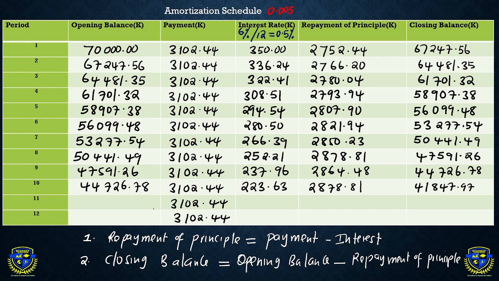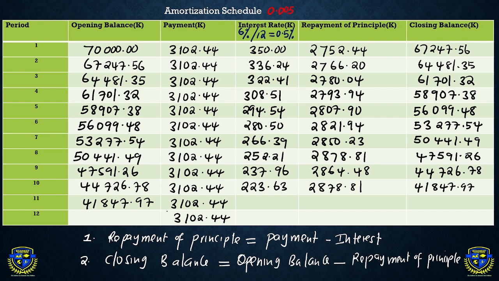So this is going to be your opening balance in period 11, which is 41,847.97. Okay, so this being the opening balance, multiply this by the interest, which is 0.005.